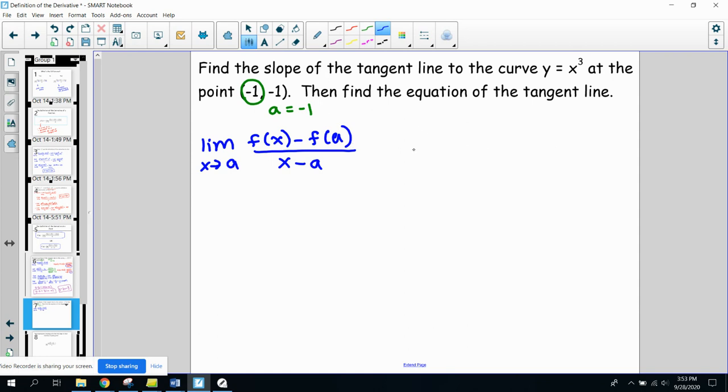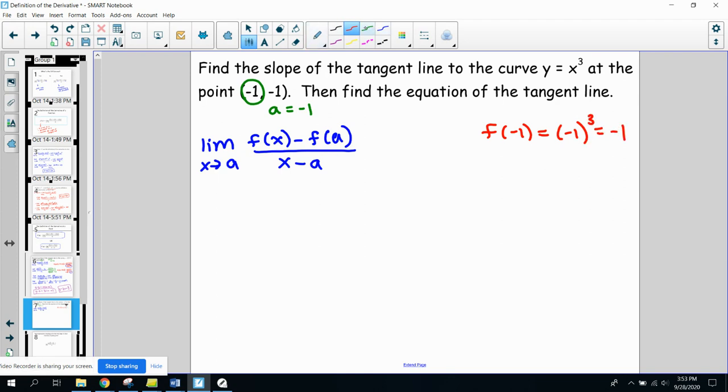So we said that a is equal to -1. So for f of x, we're just going to plug in x cubed, and then for a, we're going to plug in -1. So I'm going to go to the side, and I'm just going to plug in f of -1. That's going to be -1 cubed, which is -1.